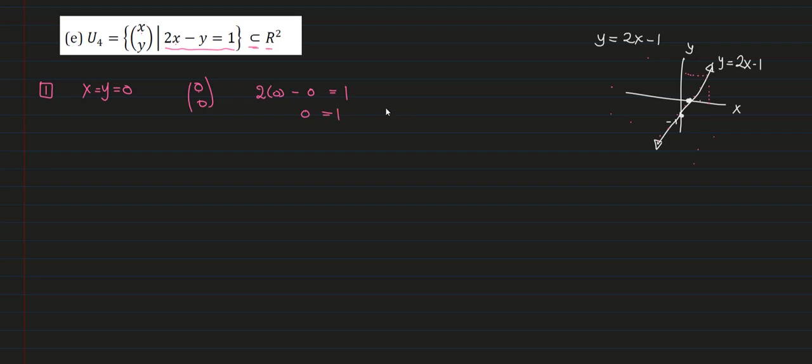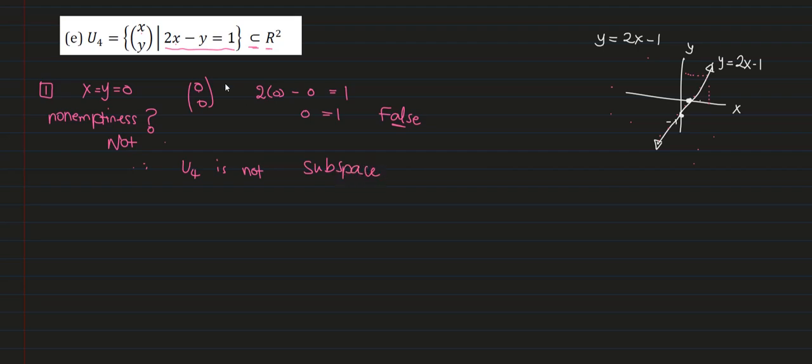Is 0 equal to 1? It's a false statement. And a false statement means that what we were looking for does not exist. We were looking for the non-emptiness of that set, and reaching a false statement says that it's not satisfied. So the zero vector is not in the set, and therefore we can conclude that U4 is not a subspace because the origin was not there.